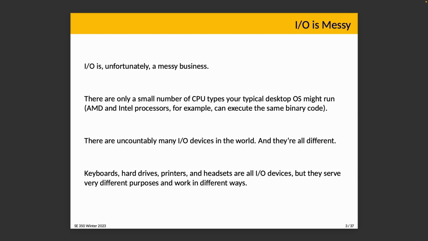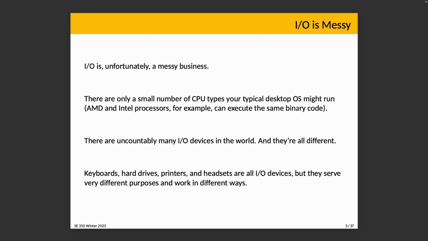Okay. The thing about I/O devices is there are uncountably many in the world, and they are all different. What do I mean by different? Well, keyboards, hard drives, printers, headsets, they're all I/O devices, but they serve very different purposes. They work in very different ways, right?